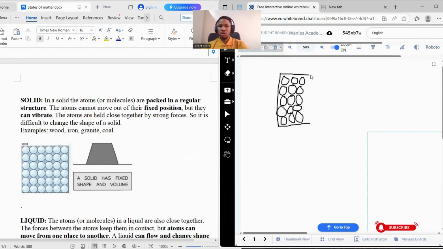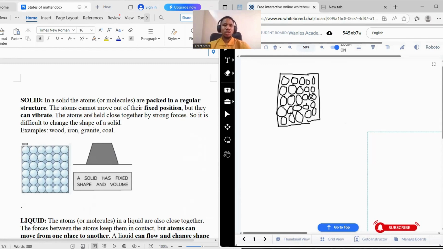Particles in a solid are closely packed and well arranged. I want to show you how they are closely packed and how they are well arranged. Closely packed means there is no distance between those particles. All those particles touch one another.